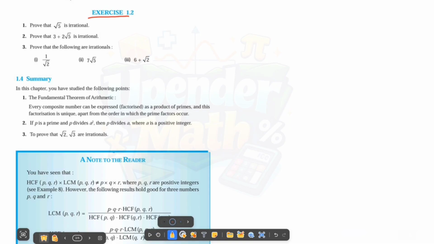Next, exercise 1.2. First question. Prove that root 5 is an irrational number.